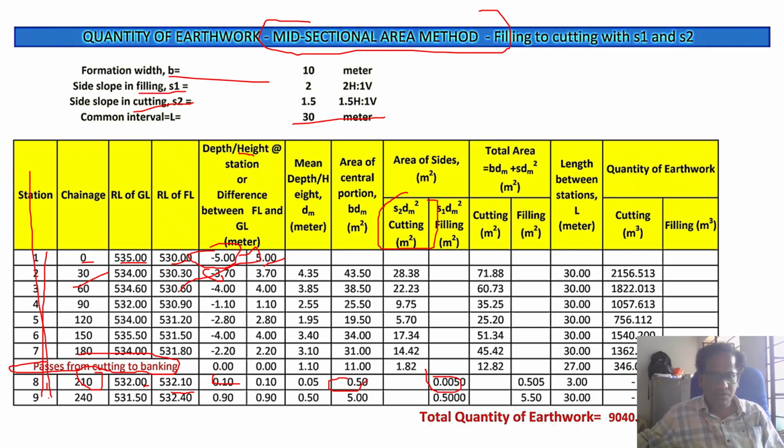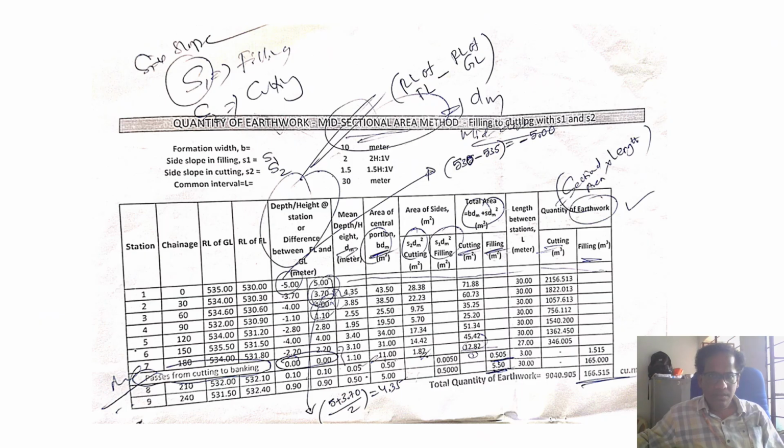Now when it comes to this section, we have the central portion, that is BD, and we have sides also. That is half SD square, half SD square. Together we say SD square. Now when it comes to mean sectional area, here you see we have DM, the mean depth. Taking the average of the first station and second station depths, we get the mean depth.